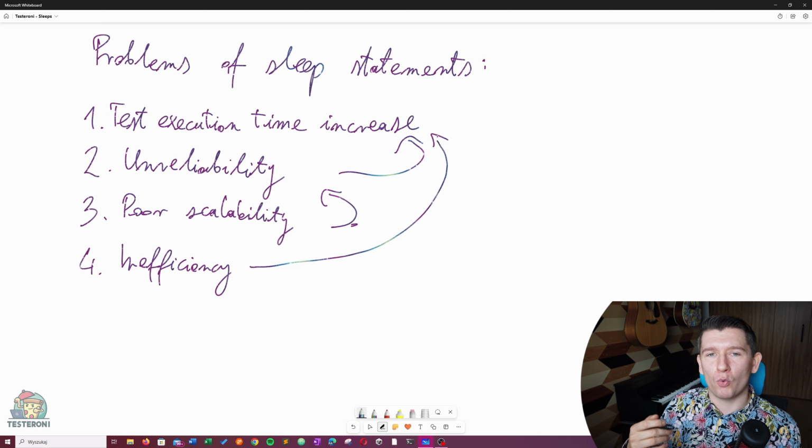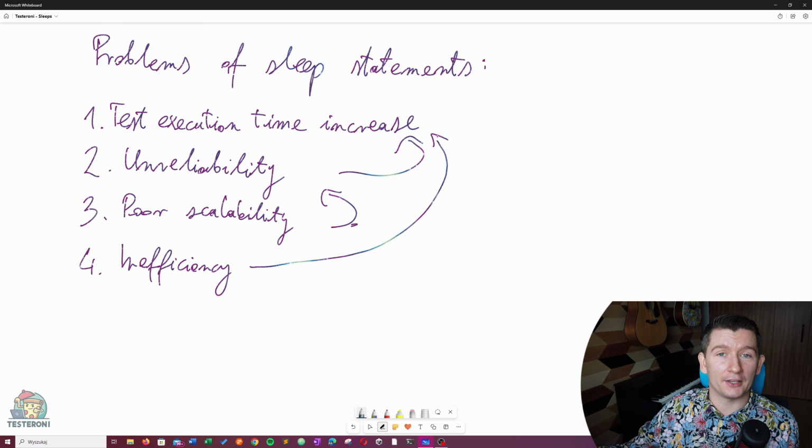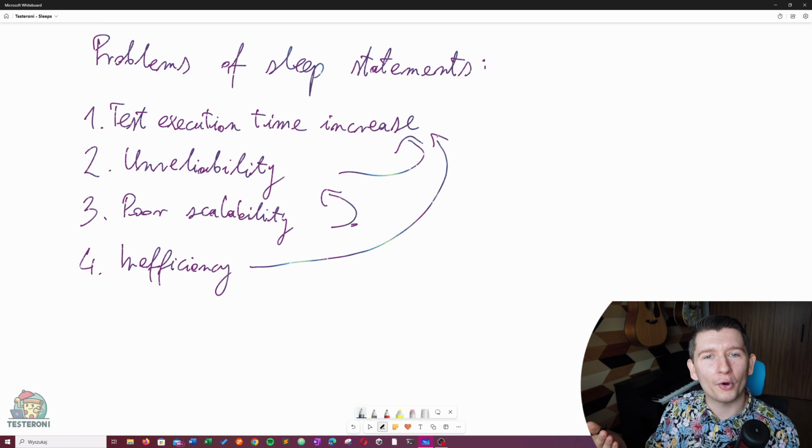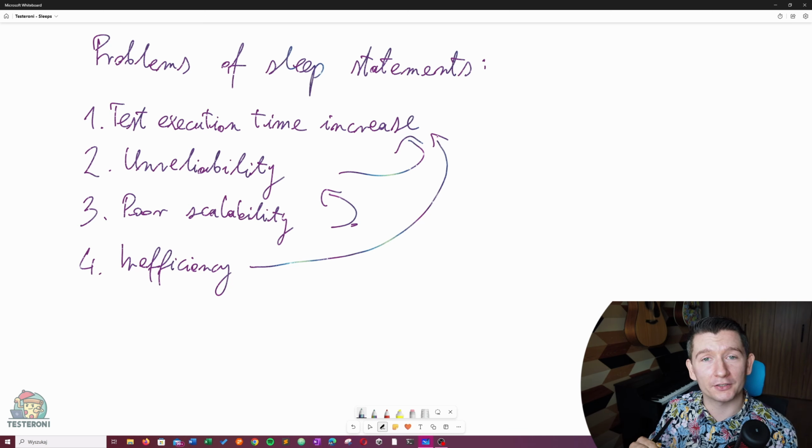So it's not waiting for something to happen so that they can progress with testing. That's okay. You can't really bypass that. You can't really test something before it appears on the website. You can't really go about testing something if it's not there. So waiting is a very important topic in test automation.